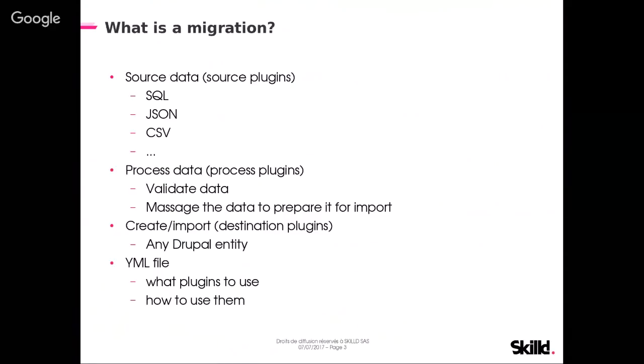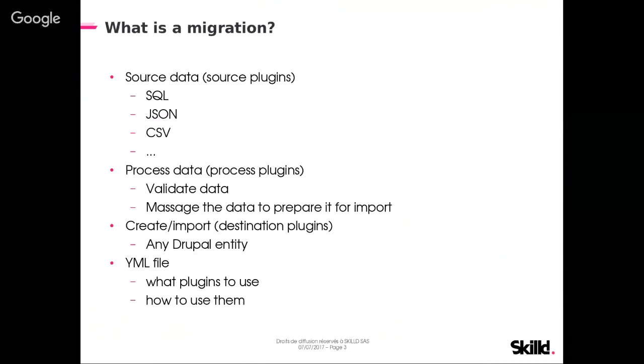Let's first define what a migration is in terms of the Drupal Migrate module. A migration is basically 3 steps: the source data, the process data step where you massage data, and then the destination. All 3 of these parameters are actually plugins in Drupal 8.